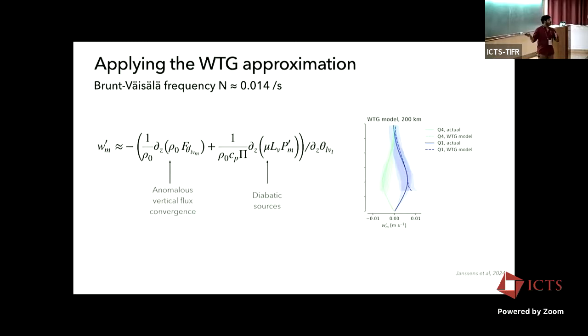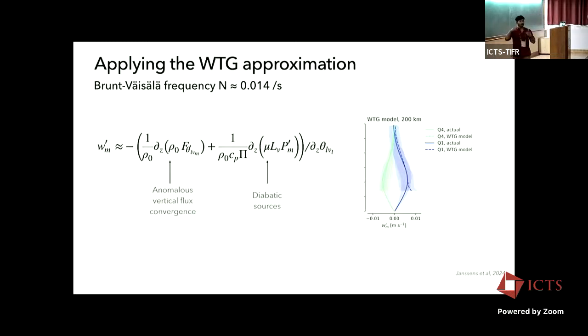For the case of the LES, it is quite stable, so it should not allow any buildup of buoyancy, which means that if we want to predict this vertical velocity, W at mesoscales, then we should only need the vertical flux convergence and the diabatic sources.